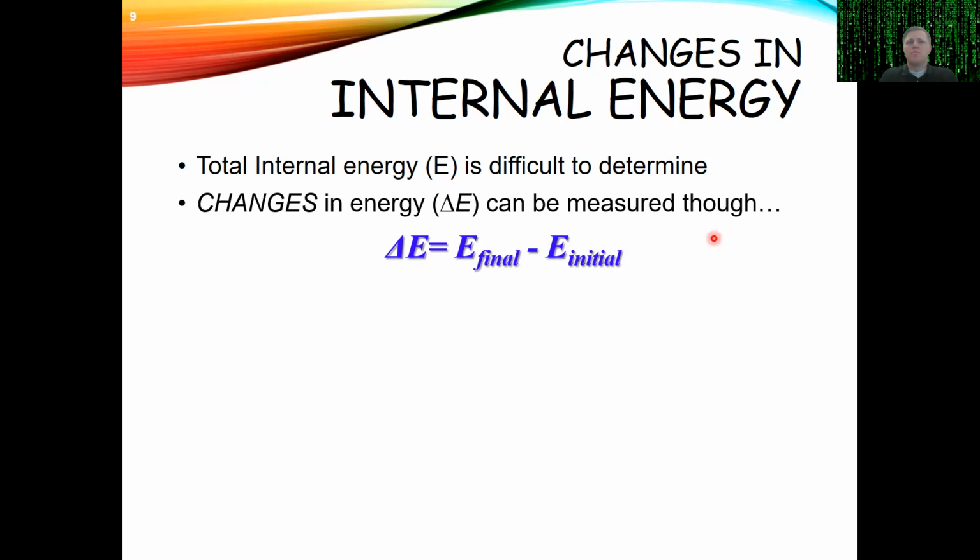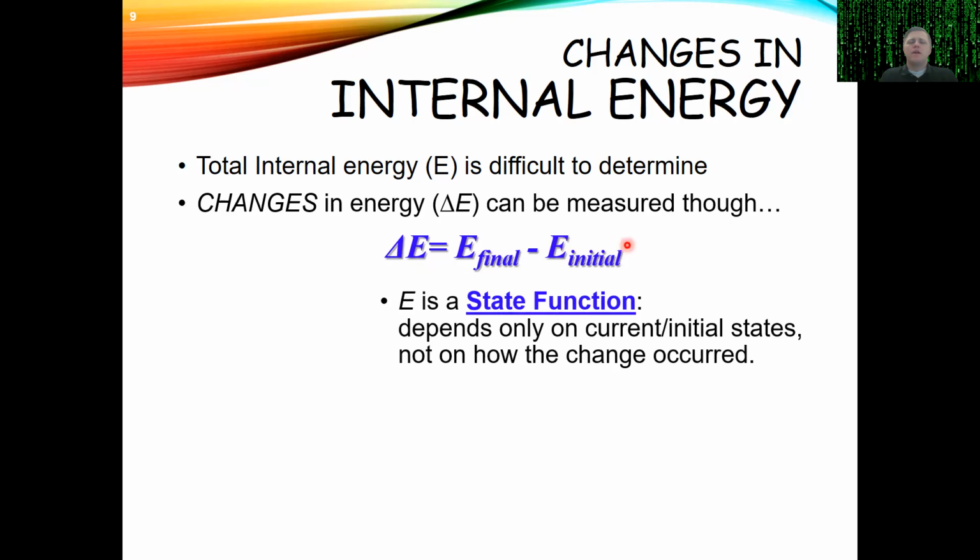I'm going to make a special point about energy here because it's important, but it's not directly obvious. Energy is what we call a state function. So our change in energy is only going to depend on our current and initial states, but not on how we change the energy, right?